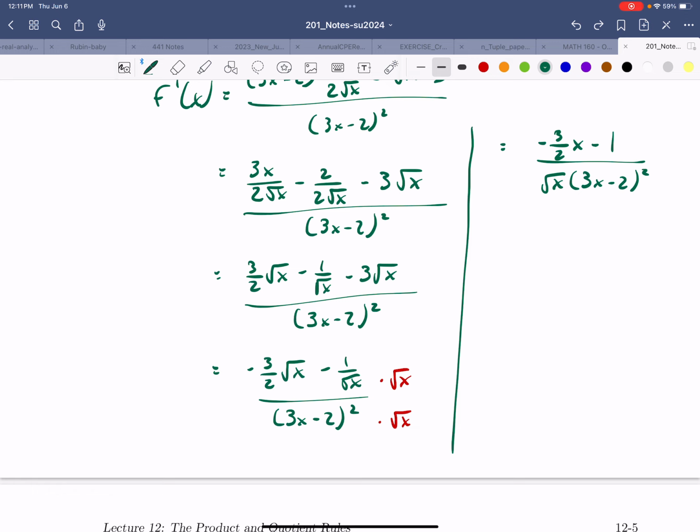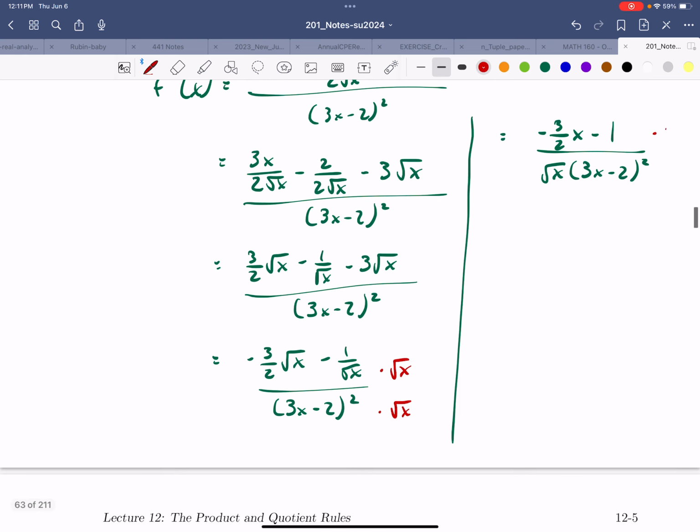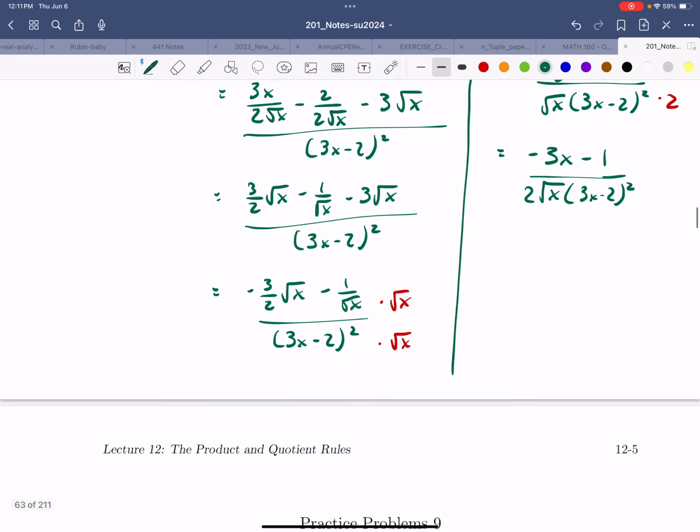But if you didn't like that repeated fraction, then maybe you could multiply the top and the bottom by 2. You don't need to do this, but if you did, you get negative 3x minus 1 over 2 root x times 3x minus 2 squared. All right, so you get that, and that's what we've got.